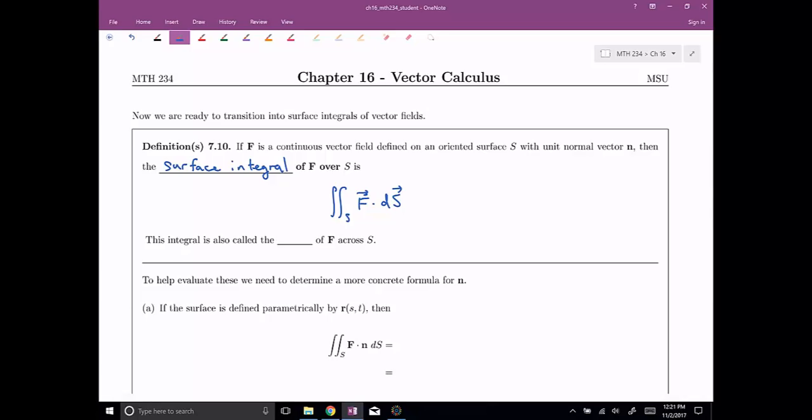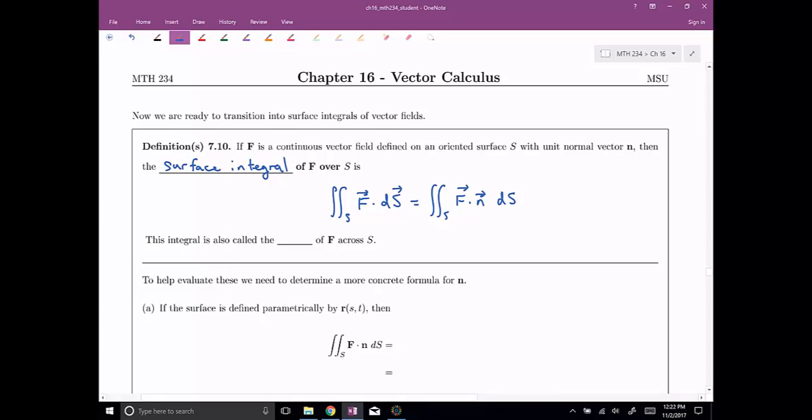So what does this mean? This is notation which means the surface integral of f dot n. So it's the normal vector here, and then this is the regular old dS that we had from our surface integrals over scalar functions. In this case, once you take the dot product, you will have a scalar function.